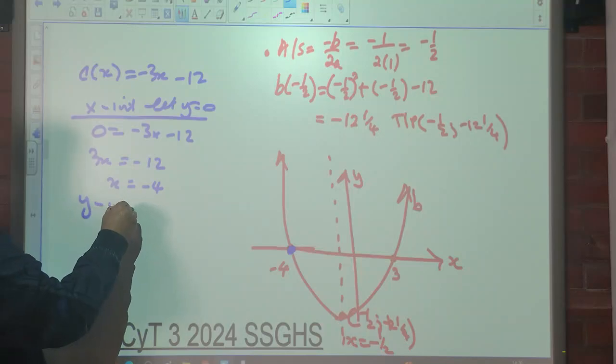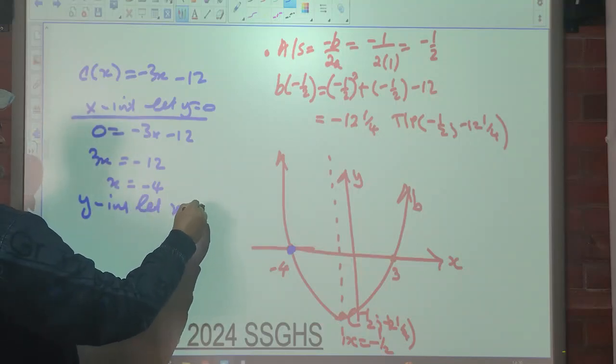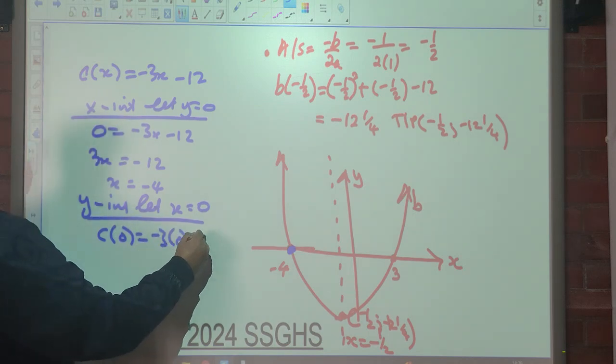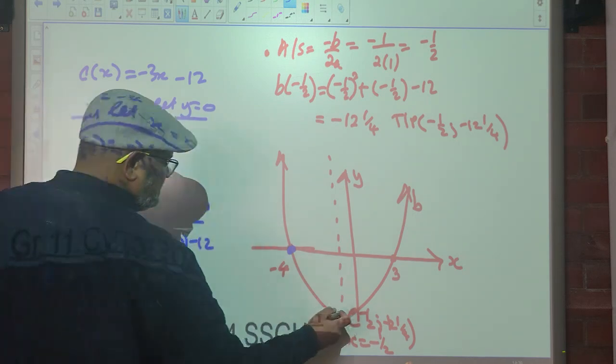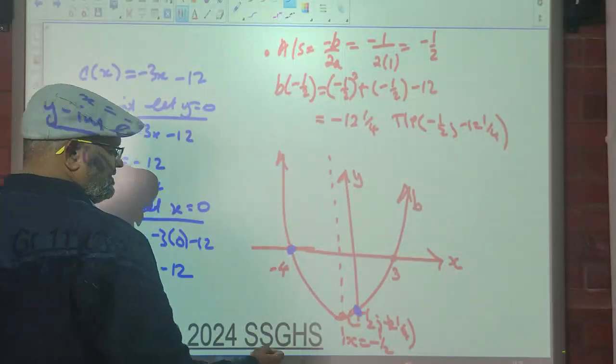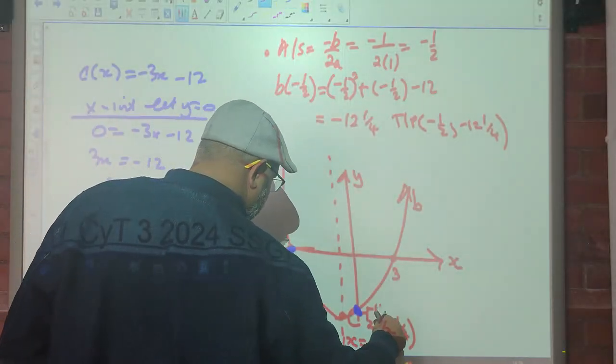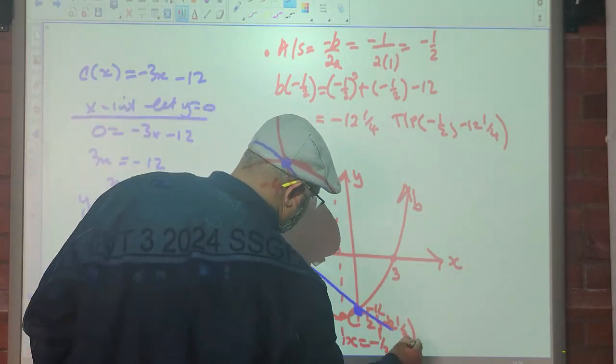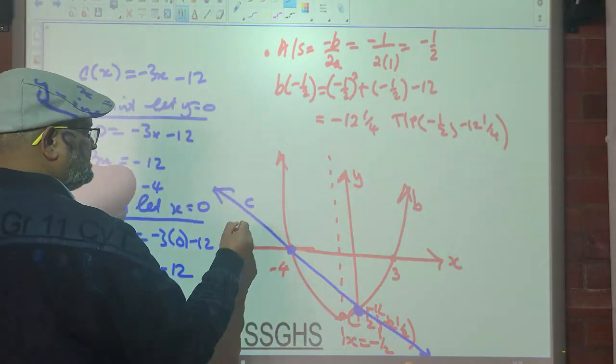Y-intercept: x equal to 0. So C of 0 is negative 3 times 0 minus 12, which is negative 12. That point there. That is the graph of C of x.